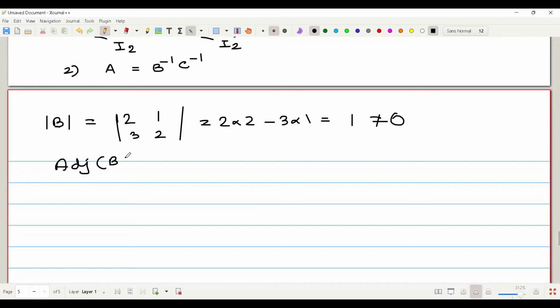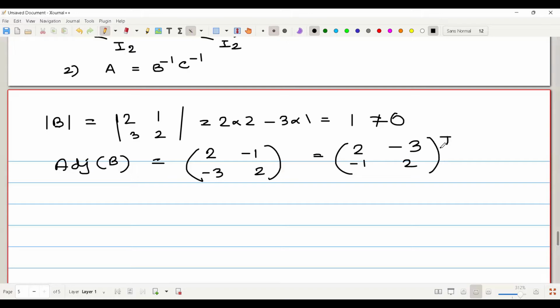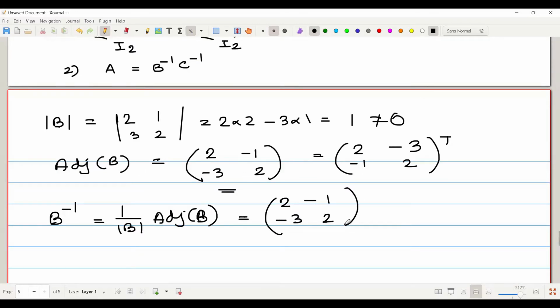So adjoint of B we can write directly: 2, minus 1, minus 3, 2, using cofactors: 2, minus 3, minus 1, 2, and its transpose. So B inverse means 1 by determinant of B and adjoint of B. As the determinant is 1, the B inverse is 2, minus 1, minus 3, 2.